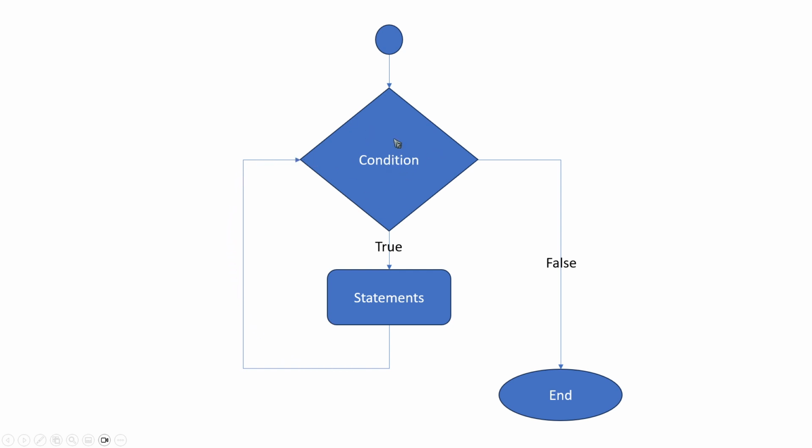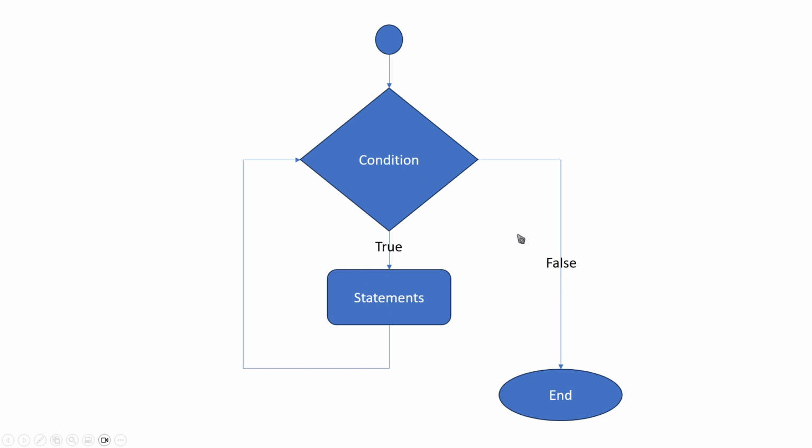If it's true, it will execute the statement and come around again, and it'll keep going around until a scenario where it checks the condition and it's false. Then it will come out of the while loop, and return to the main block of code that was executing after the while loop.